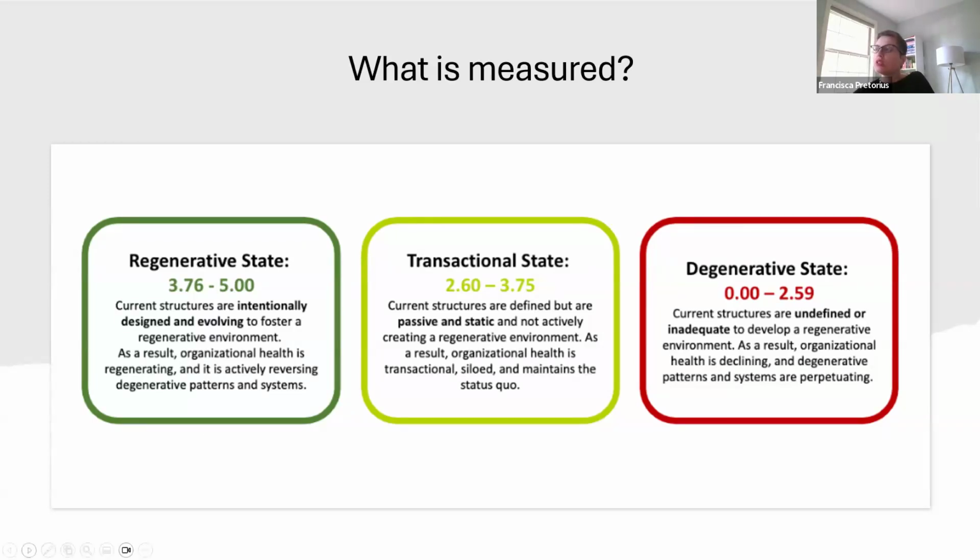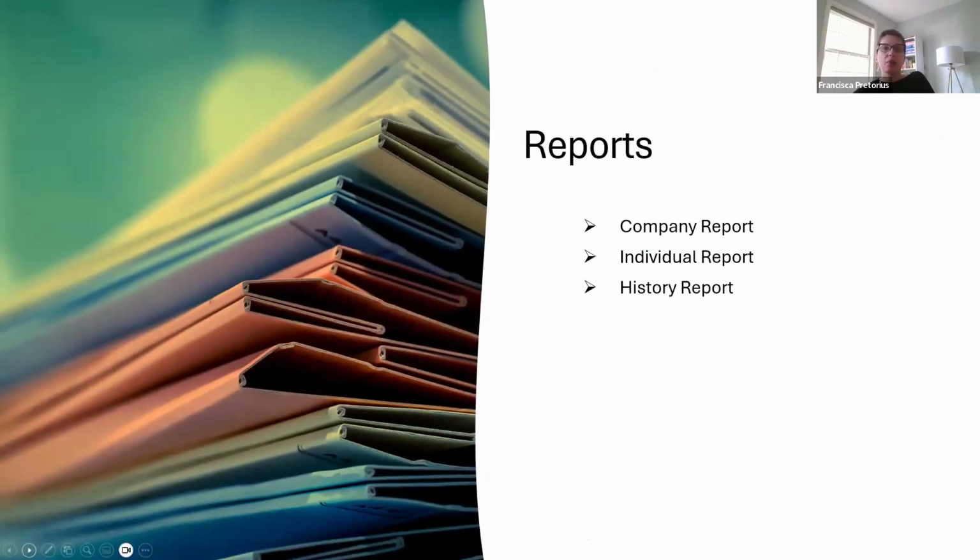So we give these scores, and we provide 3 reports, and these reports are online. The survey is online, and once everything is done, we also provide the reports online. There's a company report, which provides company-wide details in those categories.